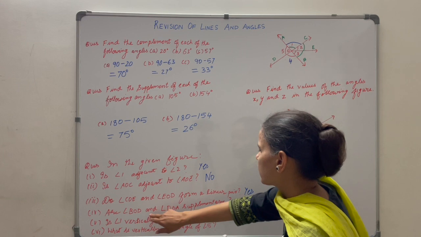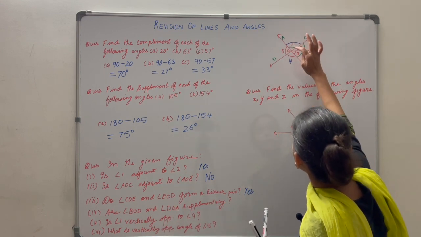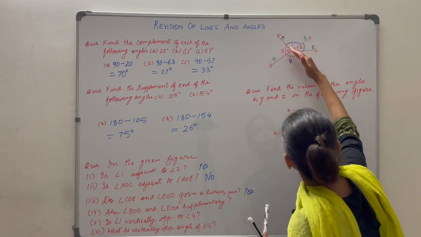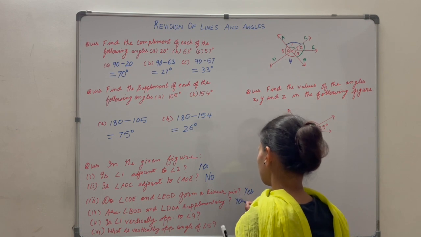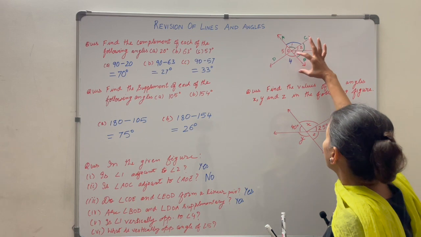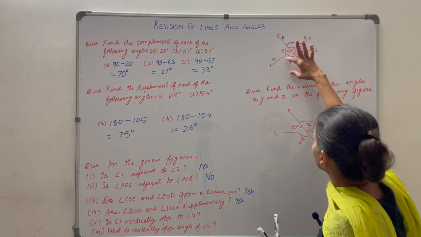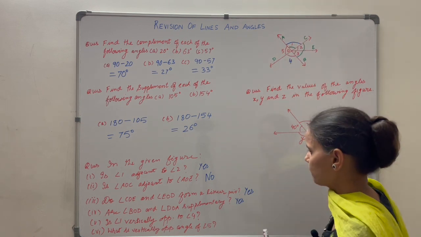So are angles BOD and DOA supplementary angles? Yes. Their summation is 180 degrees. Angles on a straight line add up to 180 degrees, and this is the angle for this straight line. So BOD and DOA form 180 degrees.